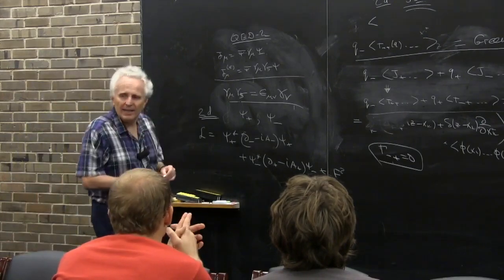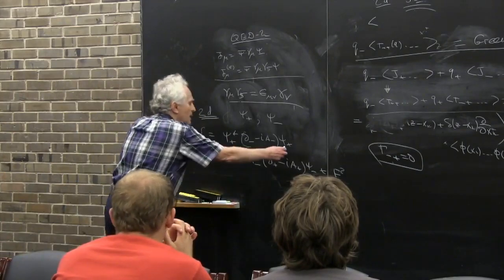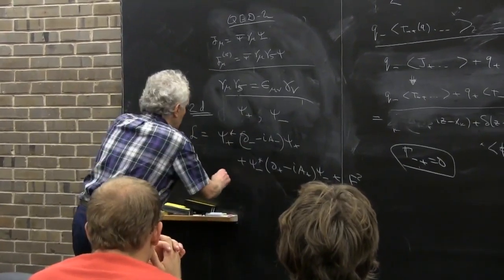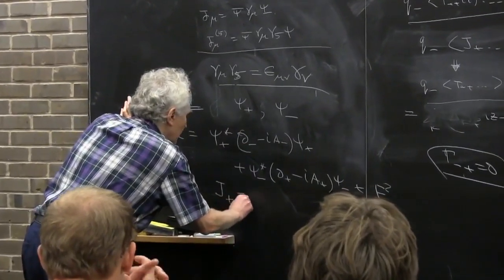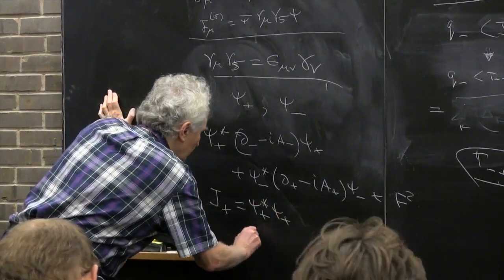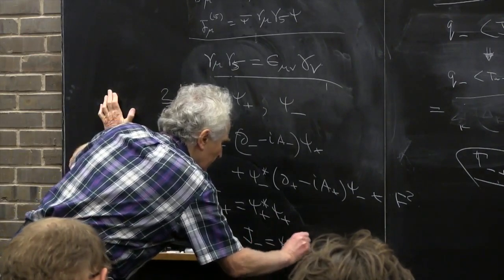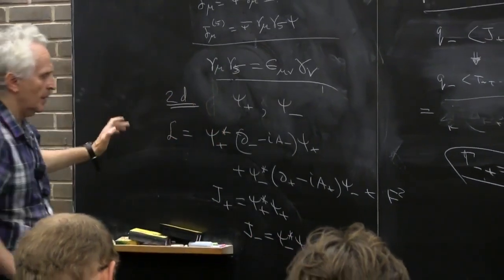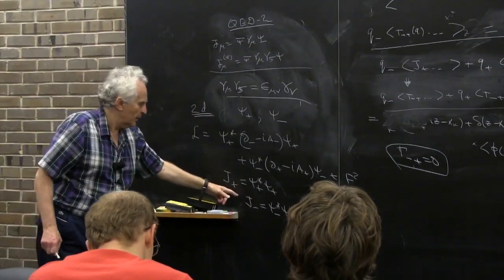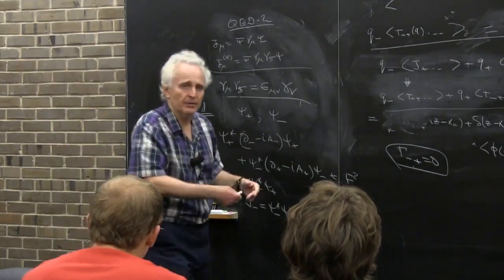So, it will be psi plus transforming as a square root of the vector. To get the vector j plus, you simply take a product psi plus, and j minus, psi minus, psi minus. Actually, the vector current will be just the sum of the two, the axial current, the difference of the two.